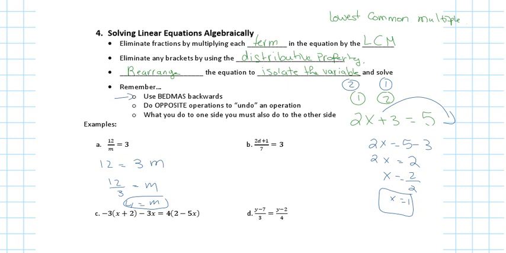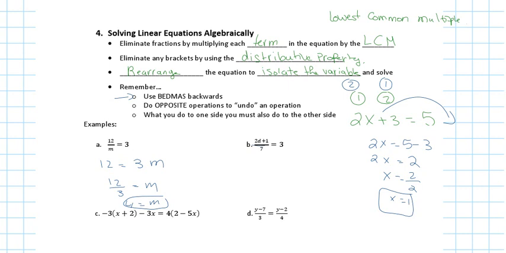Okay. So (2d plus 1) divided by 7 equals 3. Get rid of the denominator first. How do you get rid of the denominator? Multiply by 7. In this case, the good thing is that the whole equation is divided by 7.